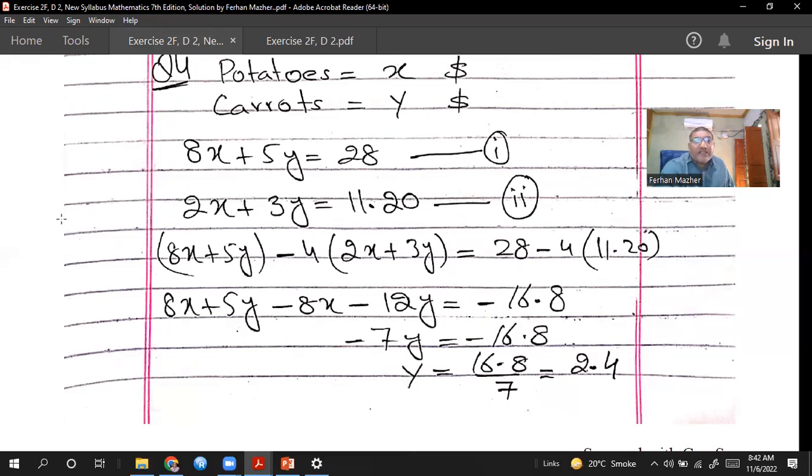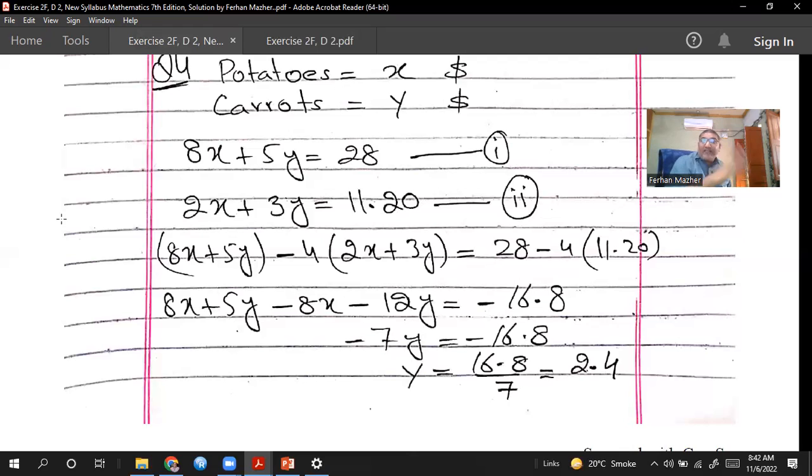This time I'm going to make the x the same. For that purpose, I will have to multiply the second equation by 4. And then the x coefficient will become the same. In both of them the x coefficient will be positive 8x, so to eliminate them, we will subtract. From the first equation, I will subtract the second equation.